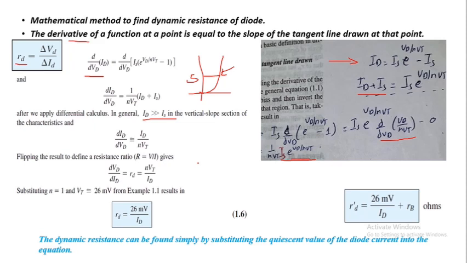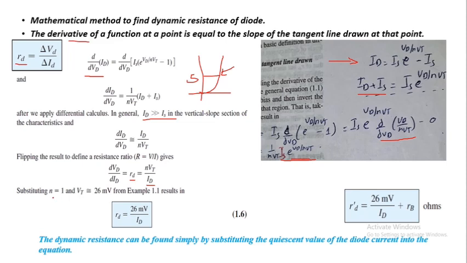Now since we know that r is equal to v by I, if you flip this equation, you will get dvd over did equal to rd, which is dynamic resistance, that is equal to nvt over id.